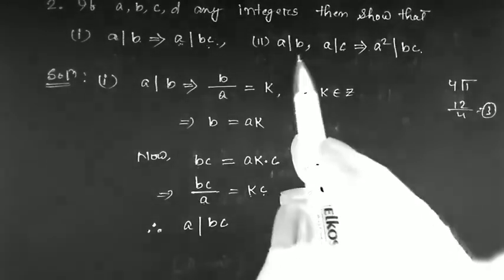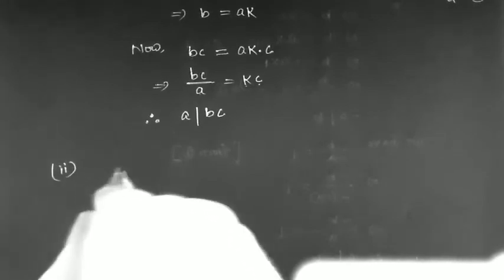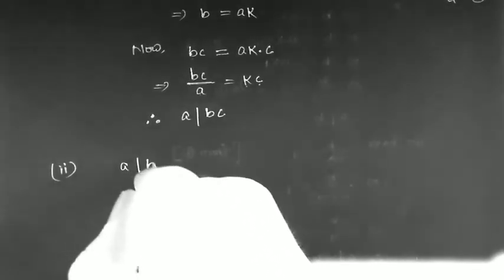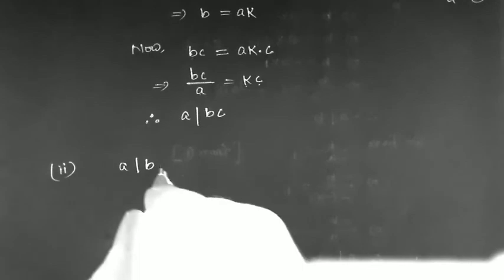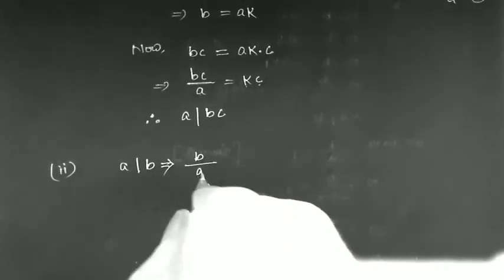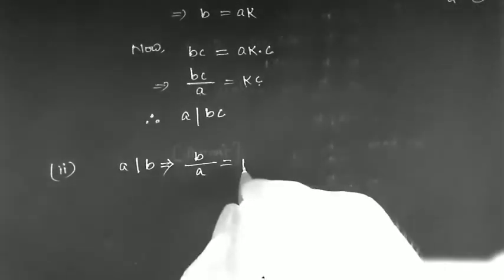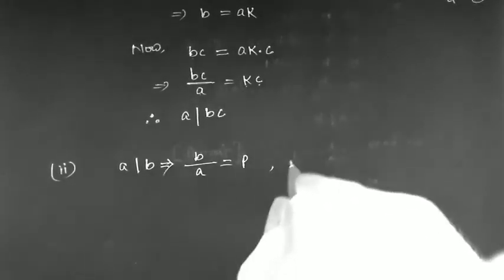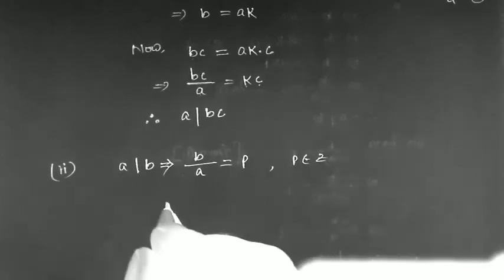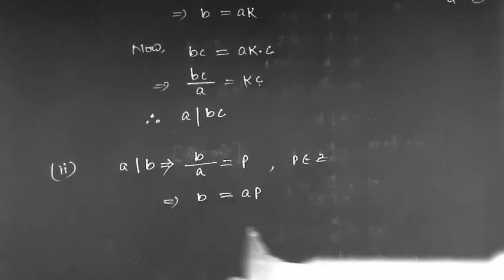Next one we have a divides b and a divides c. So see, two numbers. a divides b. From this line what can we write? b by a. Since c is already there, suppose p, some integer where p belongs to Z. So b is equal to ap, no?